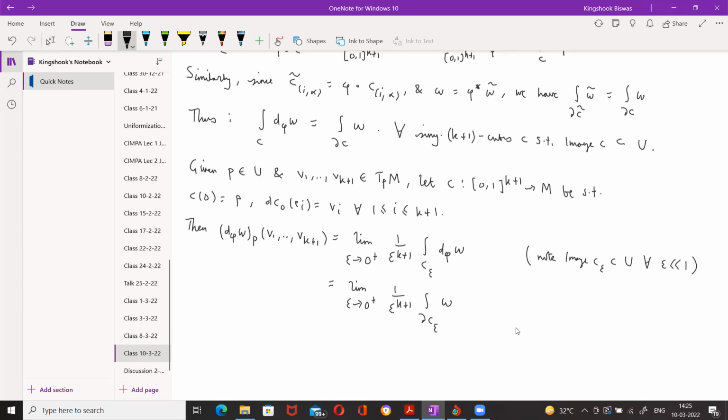Therefore, this d phi omega is independent of the chart phi.